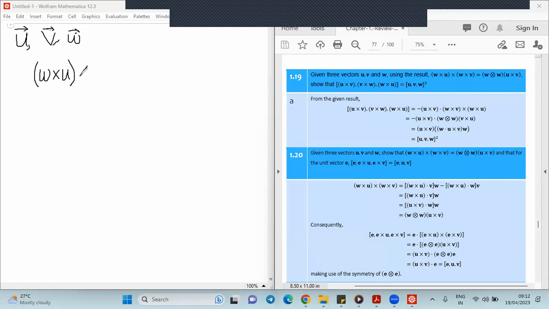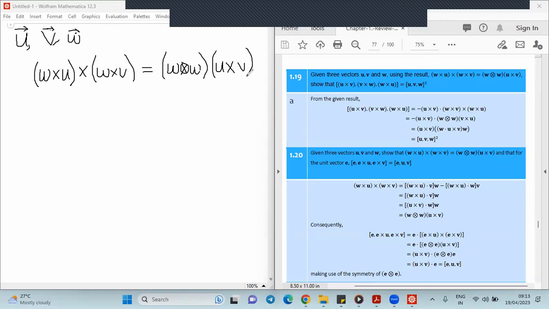We're told that if a cross product takes place between W and U, and then W does another cross product with V, and then a cross product is done between the results of both scenarios, what we would get is a dyad product of W with itself, or a tensor product rather, multiplying a cross product between U and V.